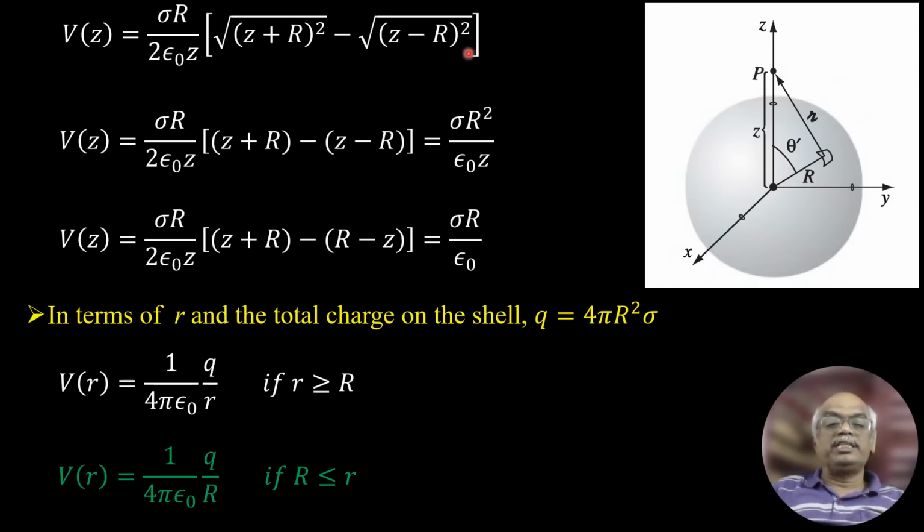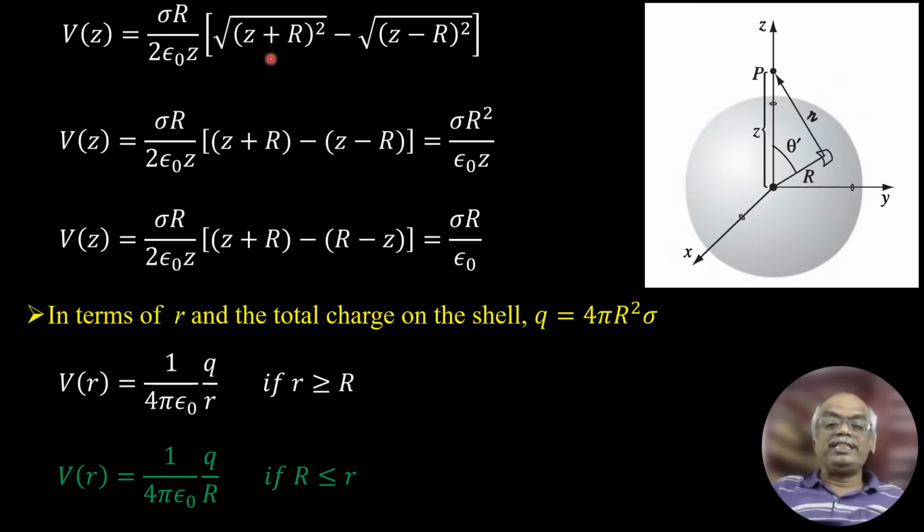Now we got this expression. You have to be careful when you are removing the square root. This square root must be a positive quantity. There is no negative square root.